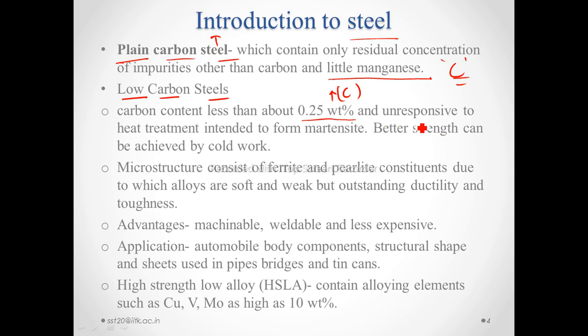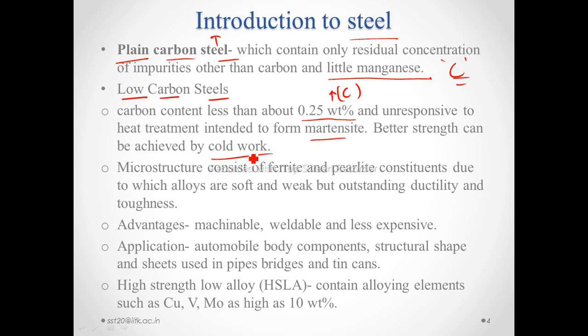It is very difficult to heat treat it to get the martensitic structure. But we can increase the strength of low carbon steel by the cold working process. By the cold working process, the strength of the material is increased.